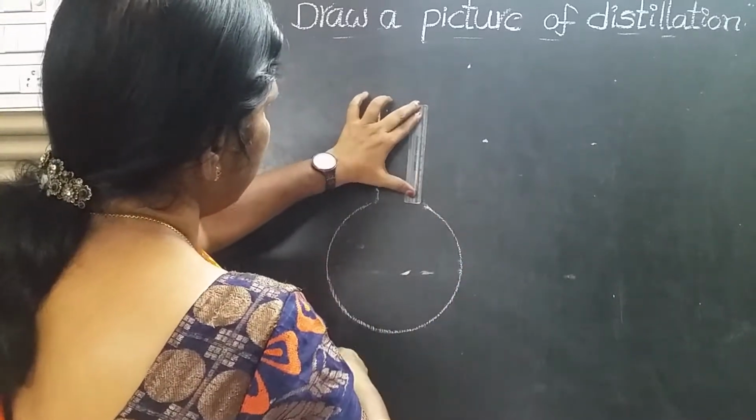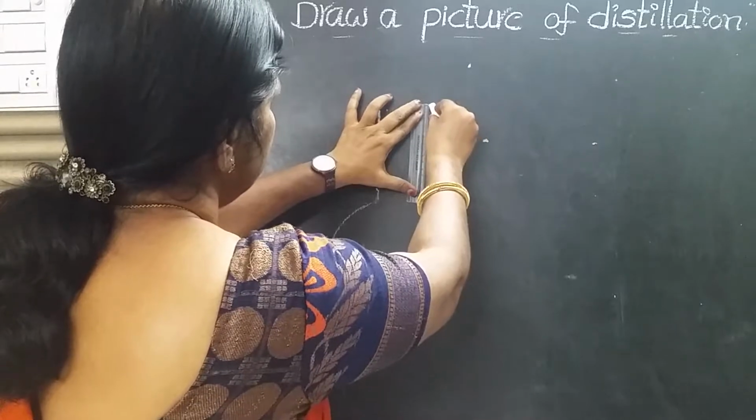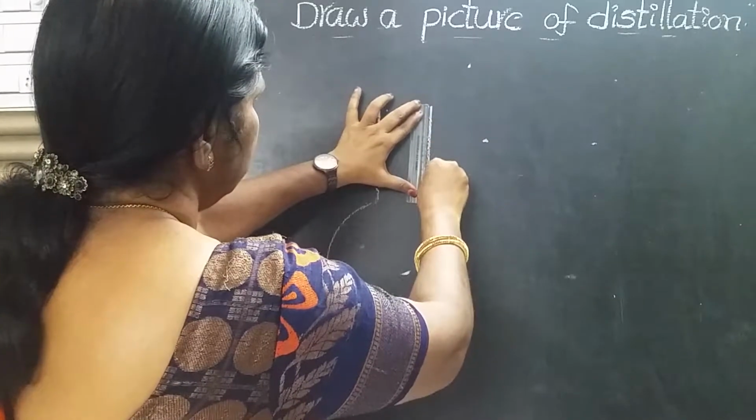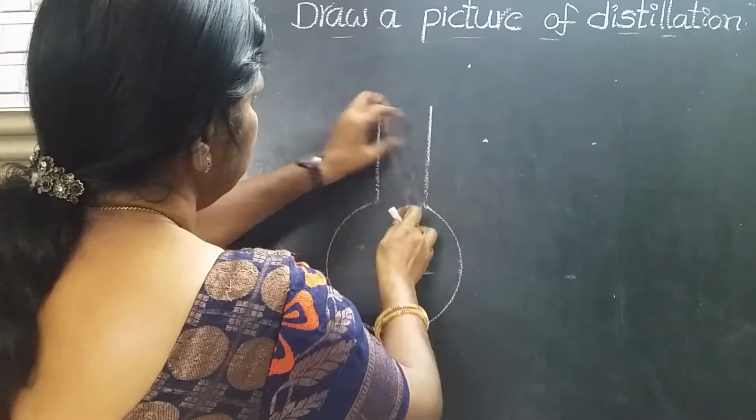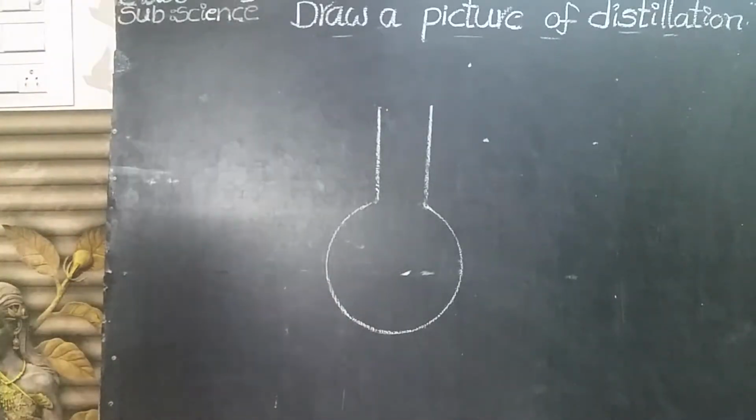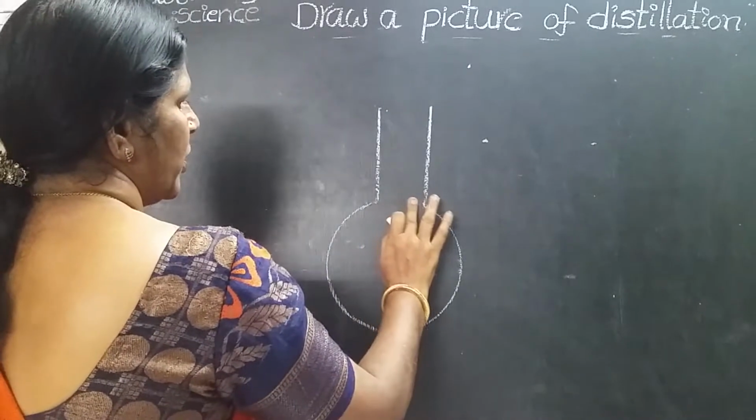And one more line. Draw two straight lines like that. First draw a circle. Draw two straight lines like this. Arrange this part.